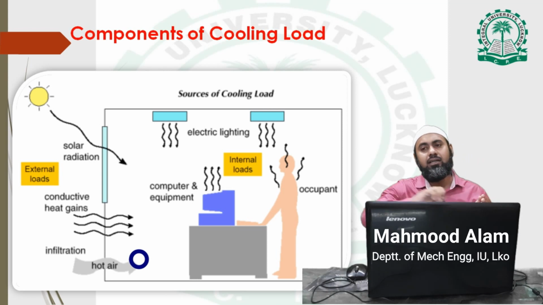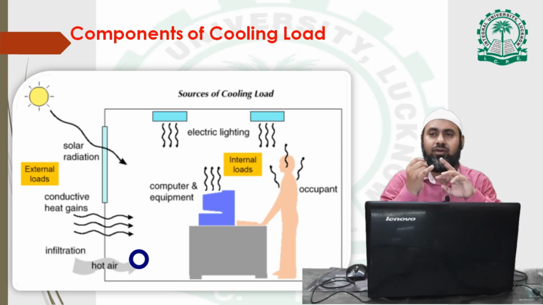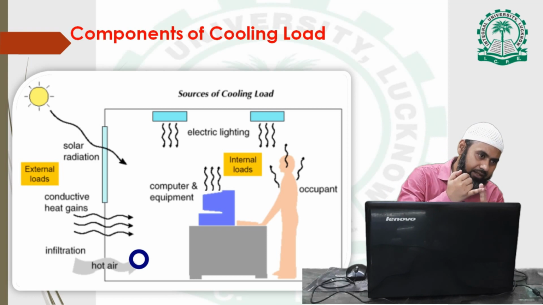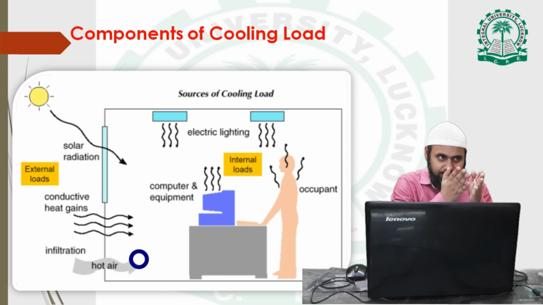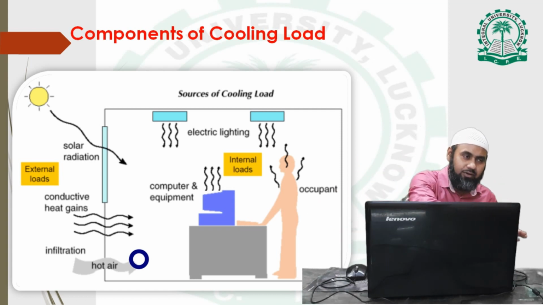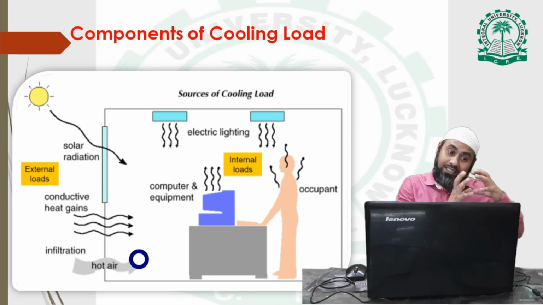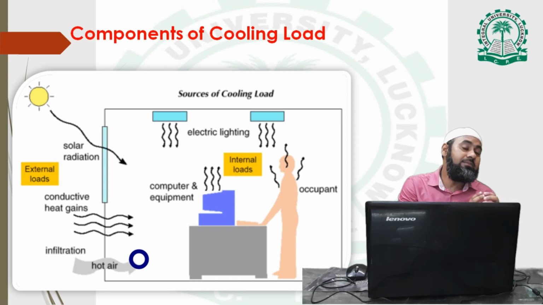So outside air will enter the room through various channels available in the building, like cracks and some wide spaces and holes. This movement of air from outside to inside of the room is called the infiltration process. So these three sources are simply called external loads of the building.